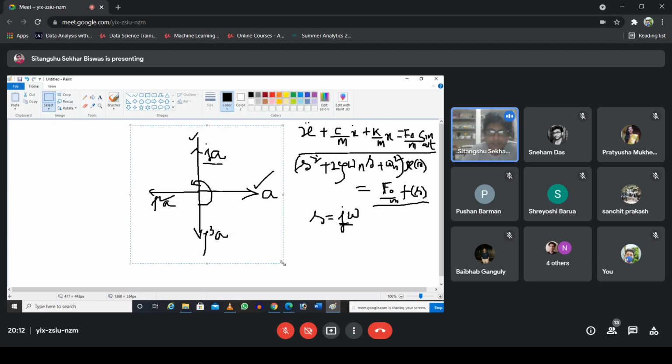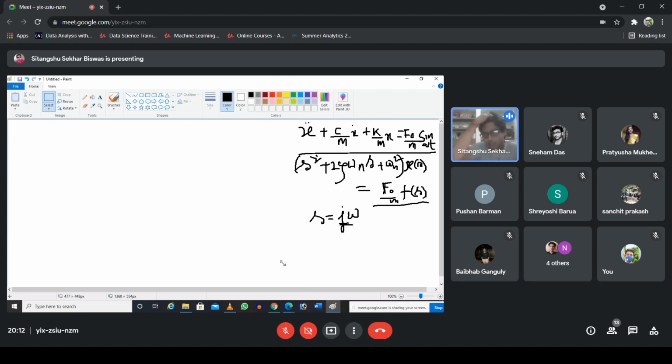So the first thing we will try to plot is the vector representation of all the forces developed in the rotating system.